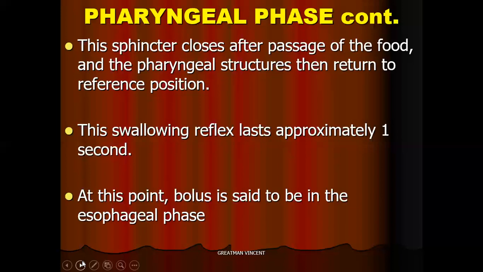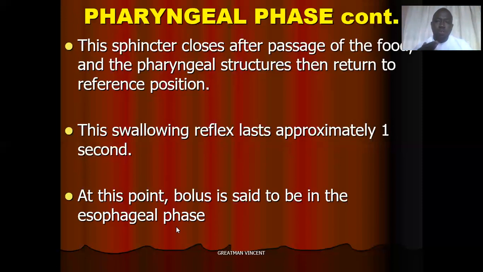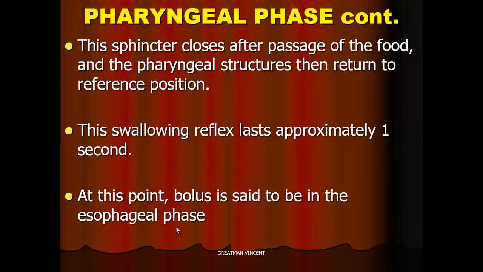Now, what characterizes the pharyngeal phase is that, just as with the oral phase, the moment food hits the palatoglossal arch, food is said to be no more in the oral phase. The same way, the moment food hits what we call the upper esophageal sphincter, I'll take time to take you through that when we get to the esophageal phase, but the moment the bolus hits the upper esophageal sphincter, food is said to be no more in the pharyngeal phase.